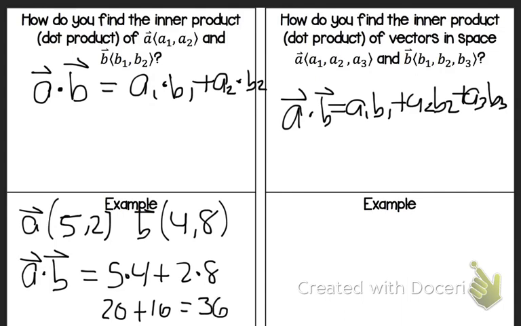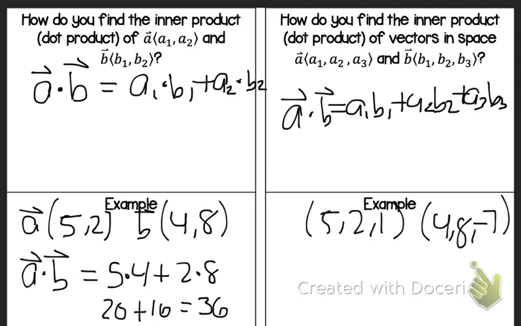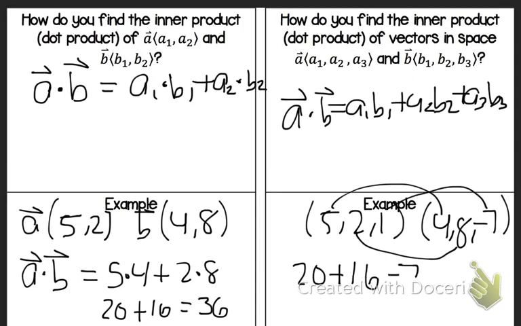Okay, in 3 dimensions, if we have 5, 2, 1, so let's just add a 1 here, and 4, 8, negative 7. Then we would just do 5 times 4, which is 20, plus 2 times 8, which is 16, plus 1 times negative 7, which is negative 7, and that should come out to be 29. So that would be a dot b.